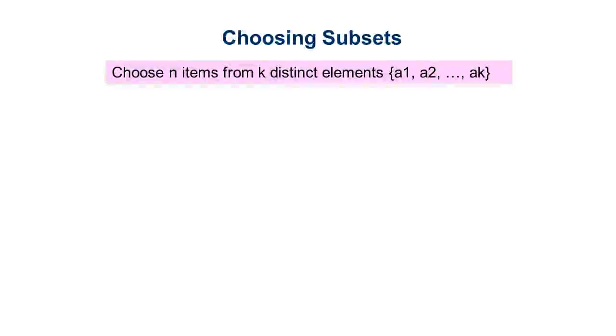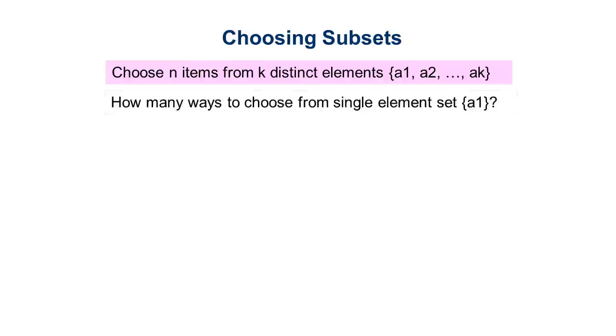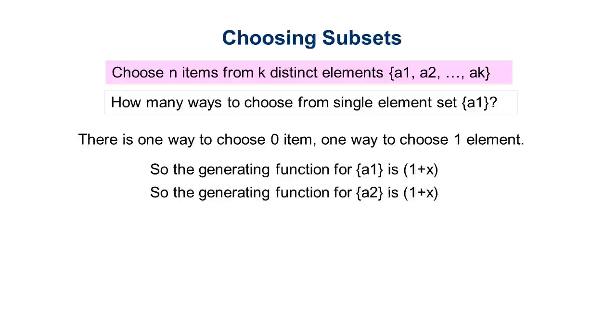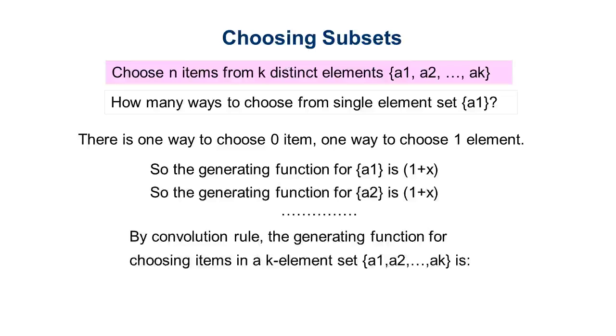Choose n items from k distinct elements a1, a2, up to ak. How many ways are there to choose from the single elements? There is one way to choose 0 items, and one way to choose one element. So the generating function for a1 is 1 plus x, for a2 is 1 plus x, and so on.